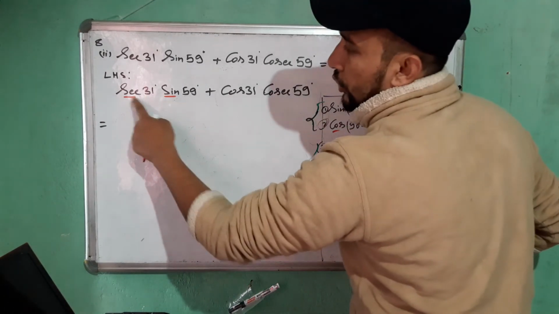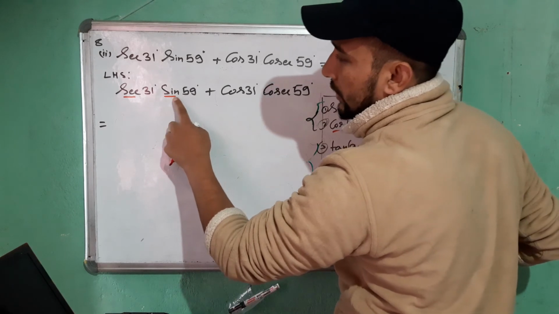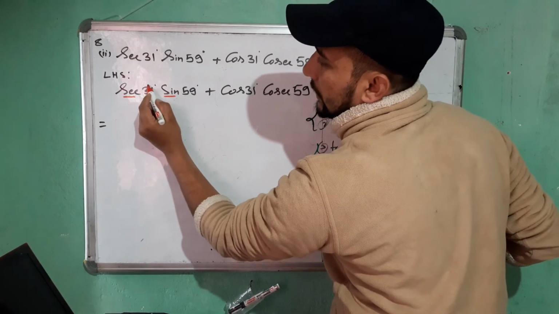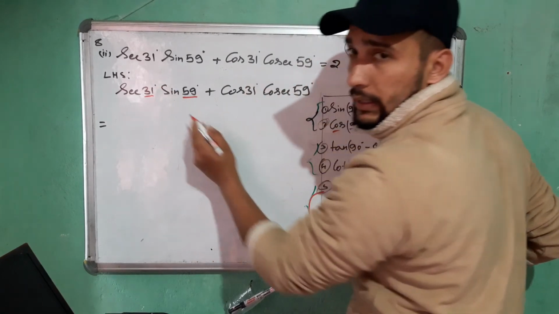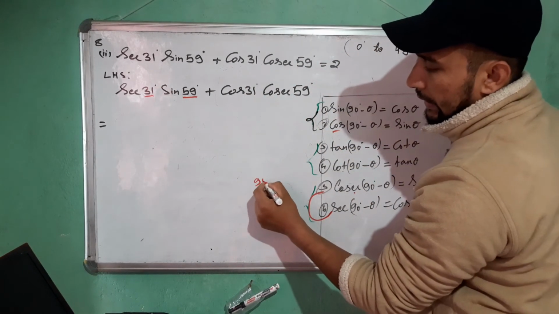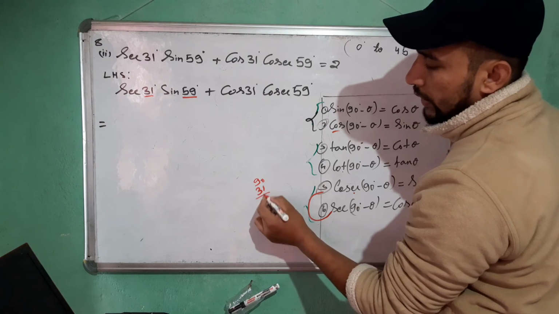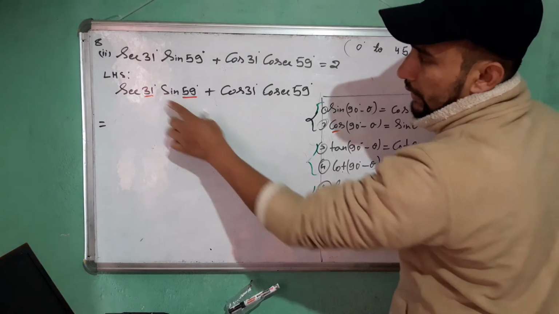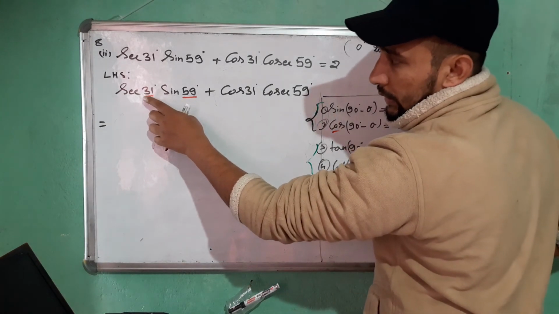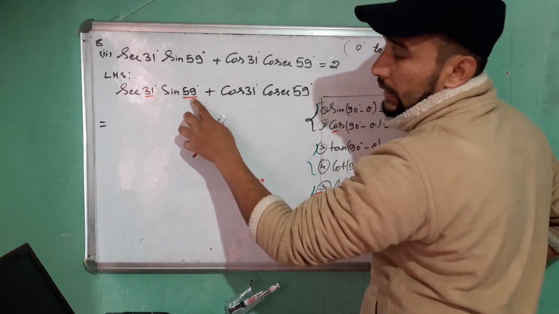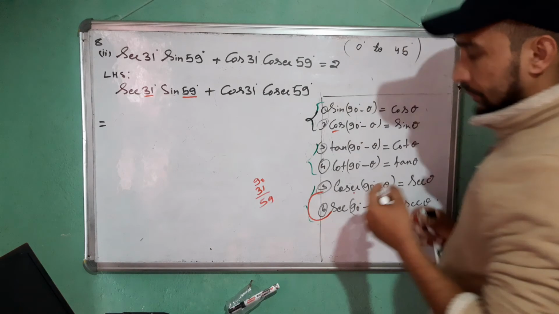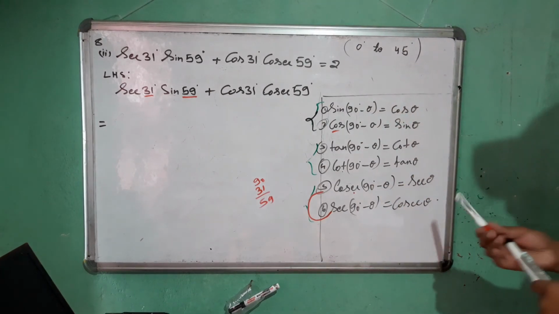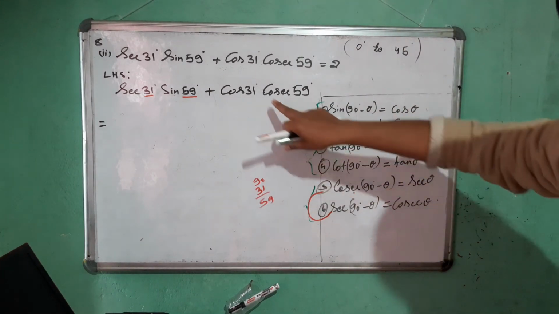So these two, they don't have complementary relation, but the angles, this angle 31 degree and 59 degree, they have complementary relation. 90 minus 31 will be 59. If you subtract this angle from 90 degree, you'll get this, or if you subtract this angle 59 from 90, you'll get this. And same thing this side also, okay?